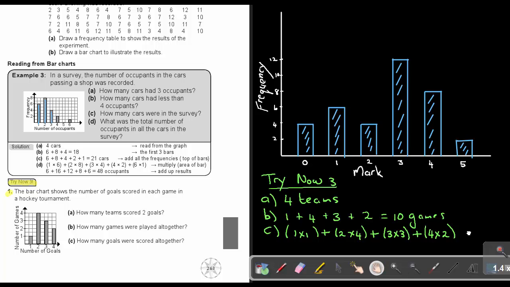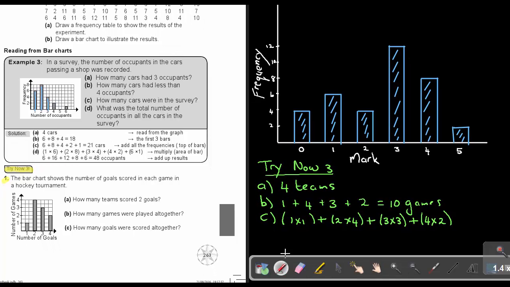Let's just find first this. So it's going to be 1 plus 8 plus 9 plus another 8. And that's going to give me 26 goals. And this is how we are reading from a bar chart.